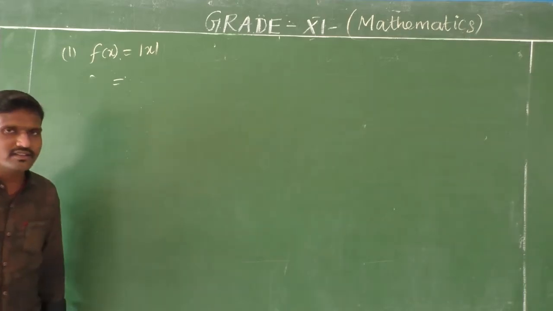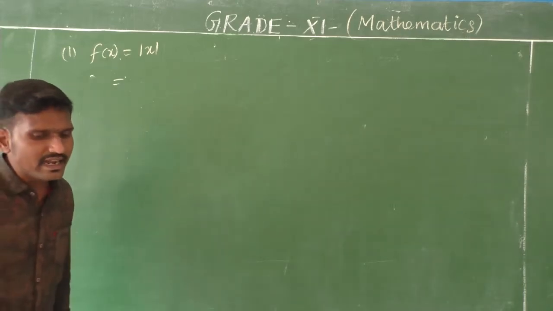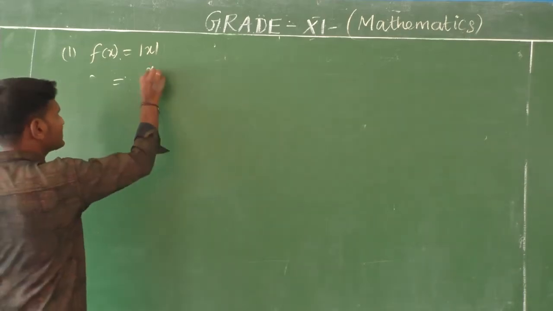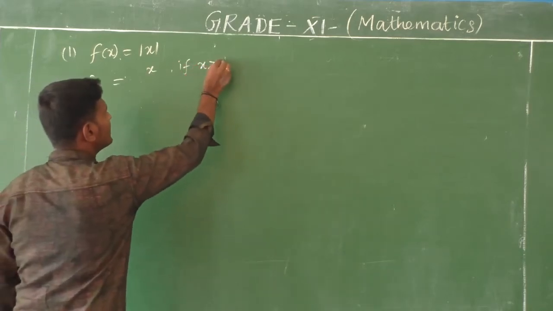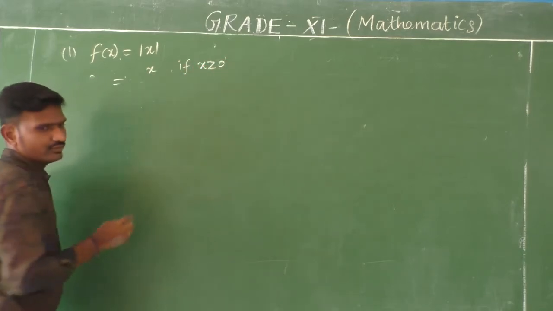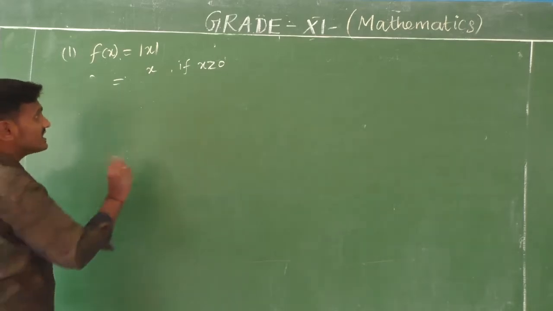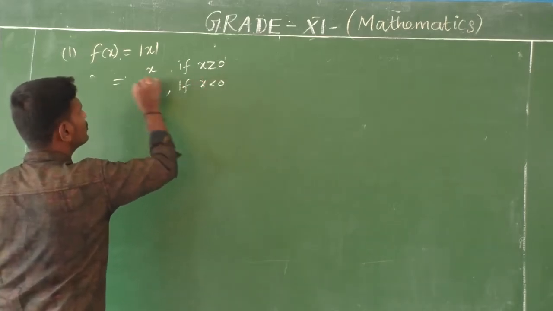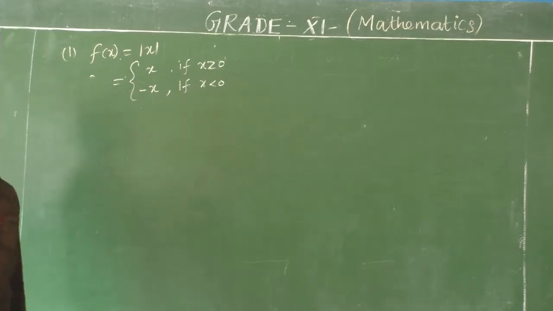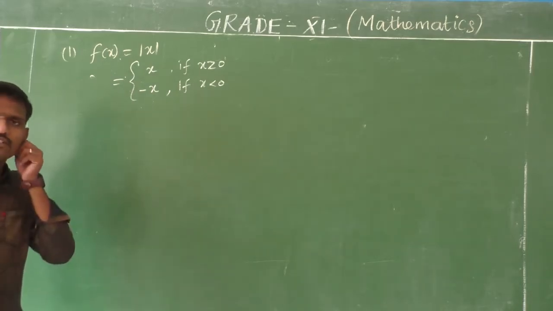The first one is positive and the second one is negative. If x is greater than or equal to 0, it is positive. Suppose x will be negative if x is less than 0.